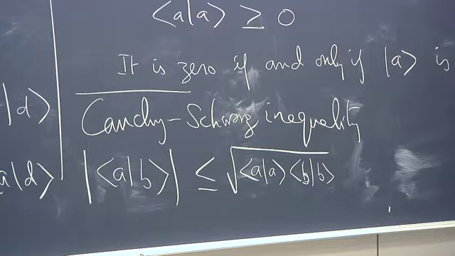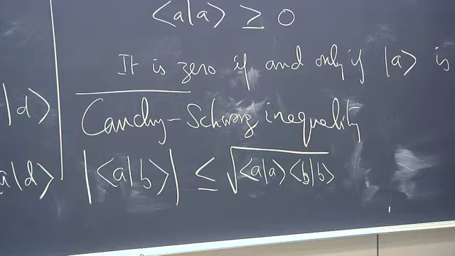If you take two vectors, the dot product will be the length of one vector times the length of the other vector times the cosine of the angle between the two, right? Since the modulus of cosine is always less than or equal to 1, the modulus of the dot product is always less than or equal to the product of the lengths of the two vectors.